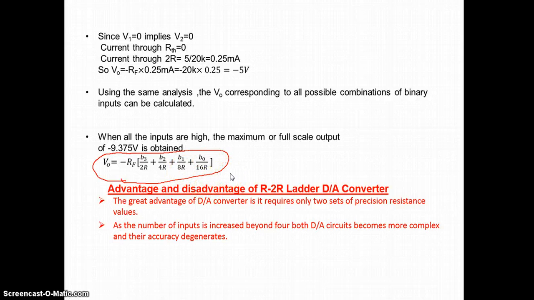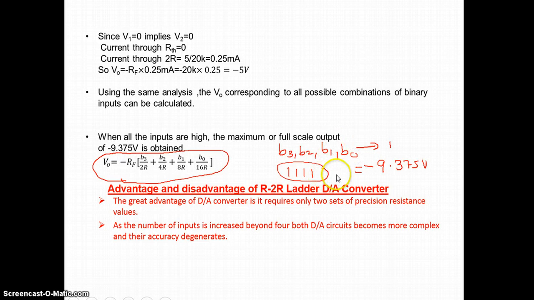Now if all are 1, that means B3, B2, B1, B0 all are 1, in that case you will be getting a maximum voltage of minus 9.375 volt. That is the corresponding output for the all 1 case.